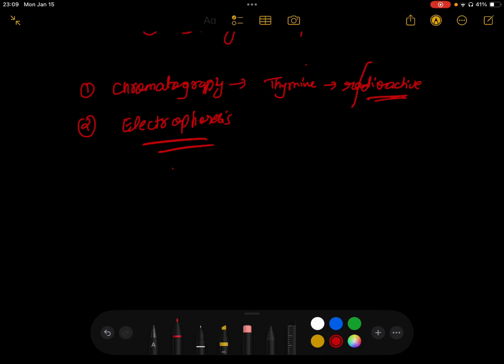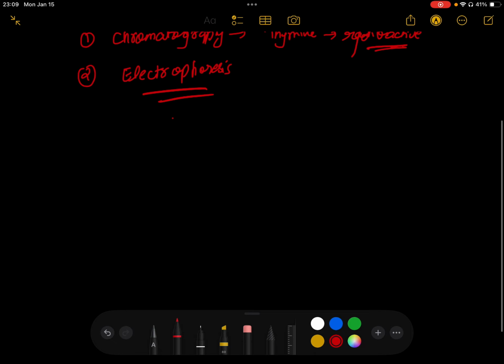So we will give a charge to these fragments. We will put all the fragments on the gel, and because of this charge, the fragments will move because of the electromagnetic force. And because of the inertia, the fragment which is having less mass will move more as compared to the fragment which is having more mass.